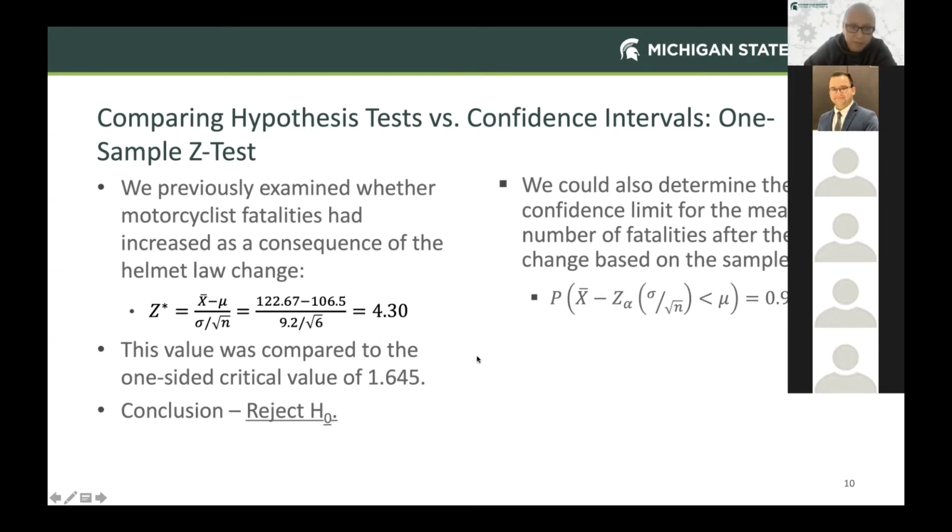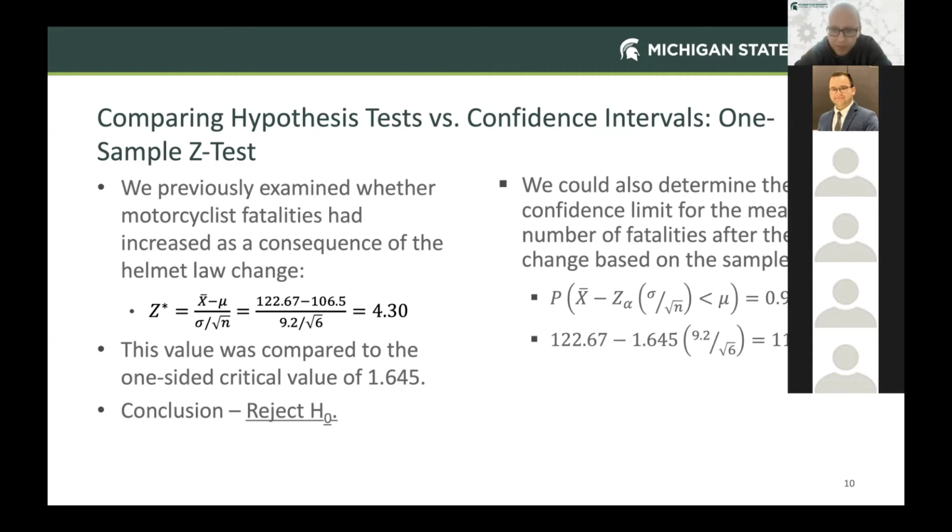And just plugging in the sample data that we had collected previously, we know that our average number of crashes based on the sample data was 122.67. Our corresponding critical value was 1.645. Our standard deviation and sample size as shown in the hypothesis test to the left.